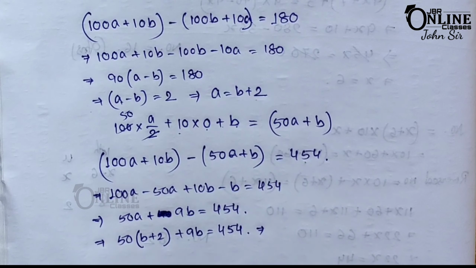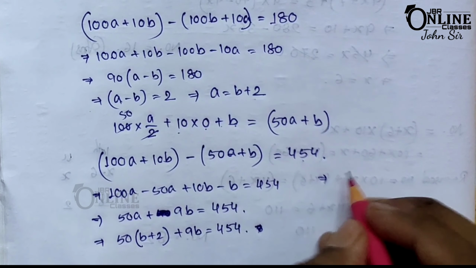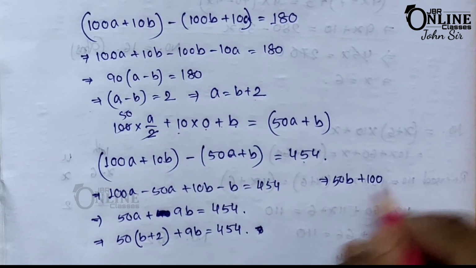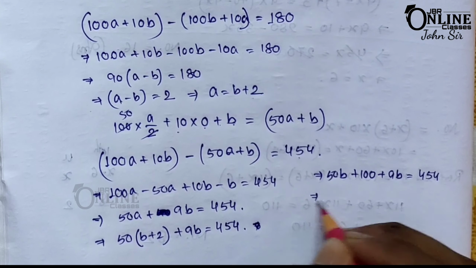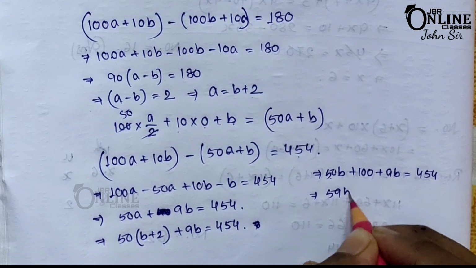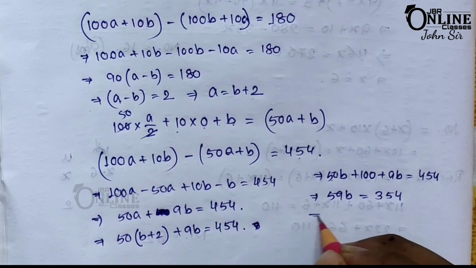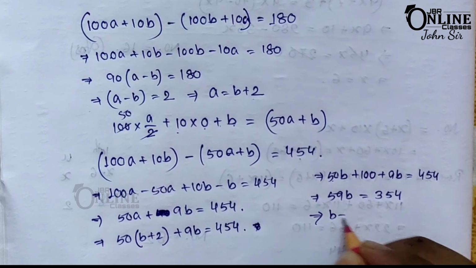So 50B plus 100, then plus 9B, that equal to 454. So 50 and 9, it will be 59B, and 100 subtracted, so 354. That means here B equal to 354 divided by 59, and that equal to 6.